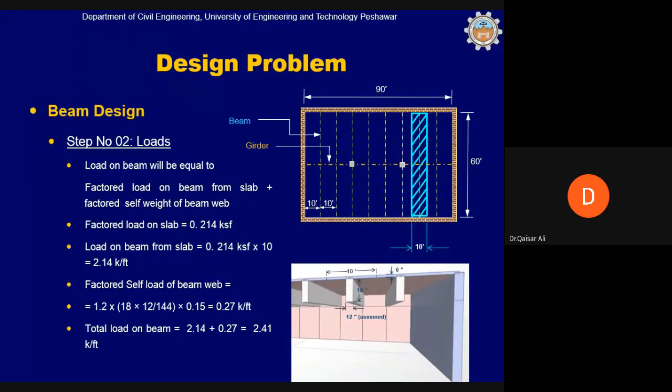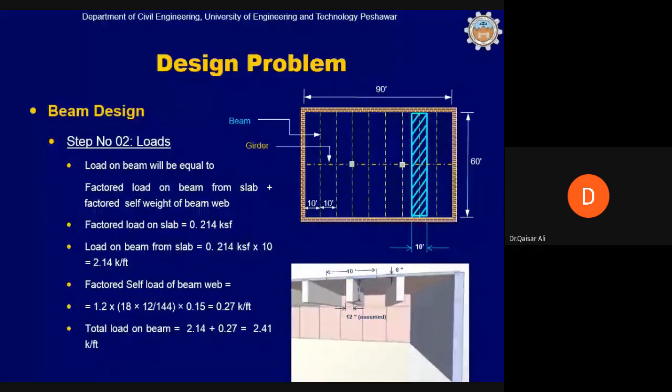So construction will be done from the practical point of view, considering the availability of practical requirements, like the formwork, the people who will be constructing this, and all this. So these things must be kept in mind. Otherwise, this will be a futile exercise. It will never be practically applicable. So these things shall be kept in mind.